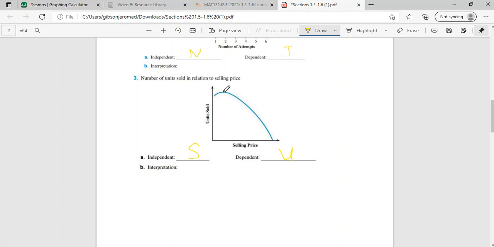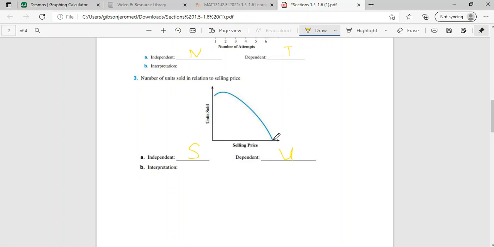But then as they keep increasing the price, sales will go down. Because if they came out with a $1,000 pair of Nike shoes, not many people would be able to pay $1,000 for a pair of shoes. Do you all follow that? Yes. Okay. All right.